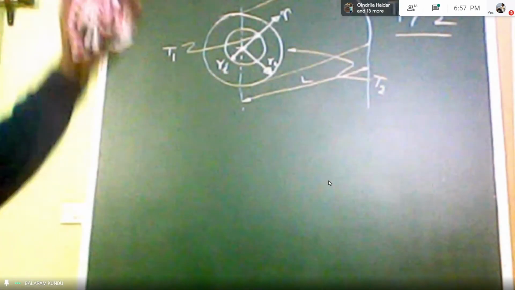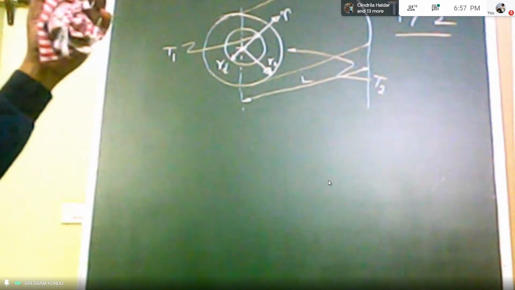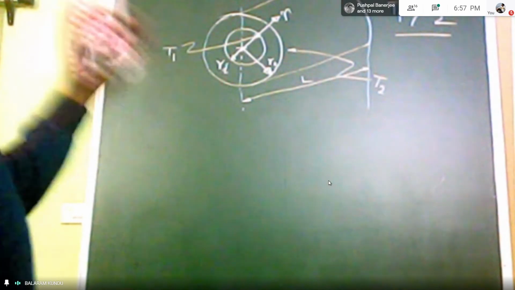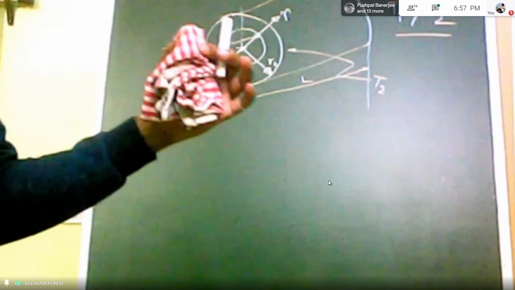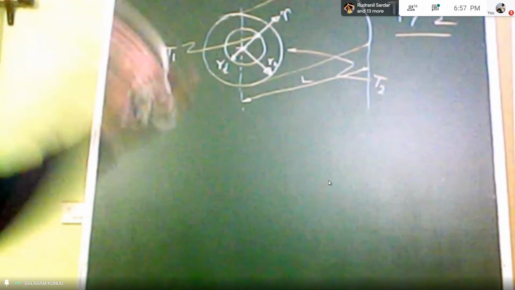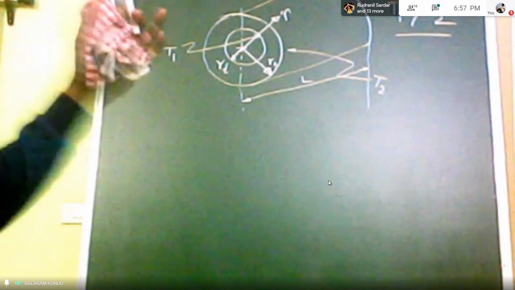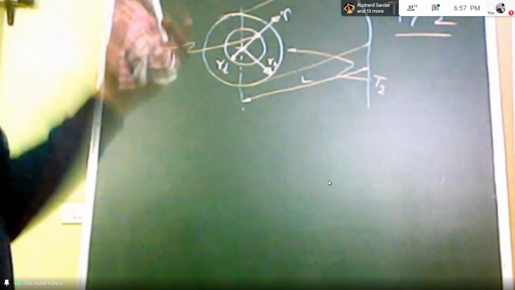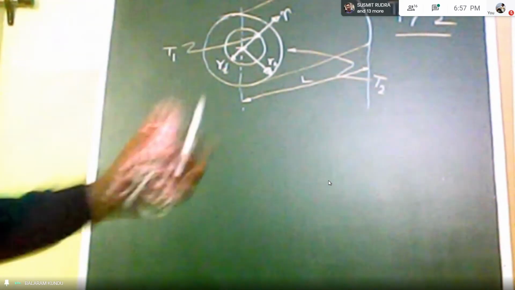Now, how can we write the heat conduction equation in the cylindrical coordinate system, with one-dimensional heat conduction satisfied? Before that, we want to write the heat conduction equation in cylindrical coordinates, and that equation can be written from the general expression of the heat conduction equation.